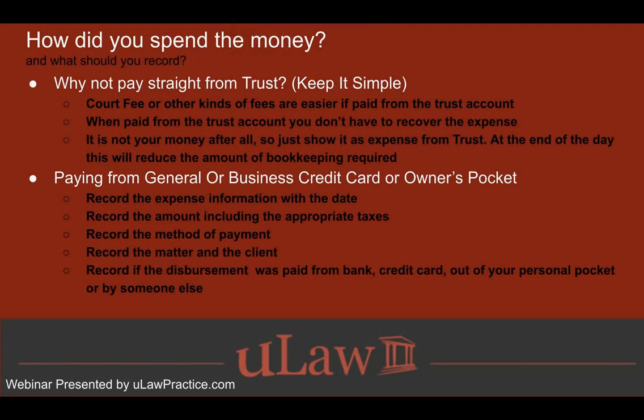And at the end of the day, this will reduce the need for you to keep track of bookkeeping, versus, let's say, you're doing it from the profit margin. You need to determine what portion needs to go on to the invoice, and what is the portion that you actually spent, which is the top portion and the bottom portion in uLaw, if you see, right?